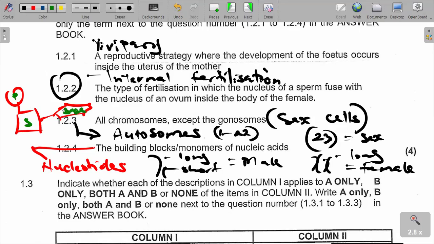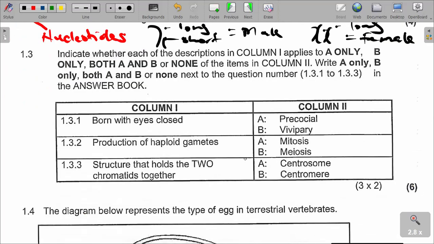That is called a nucleotide, which is a building block of nucleic acids. And I want you to understand that nucleic acids are RNA and DNA.